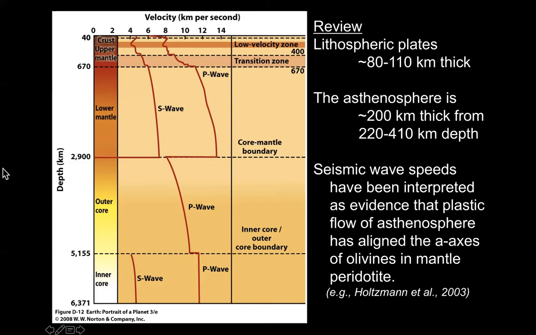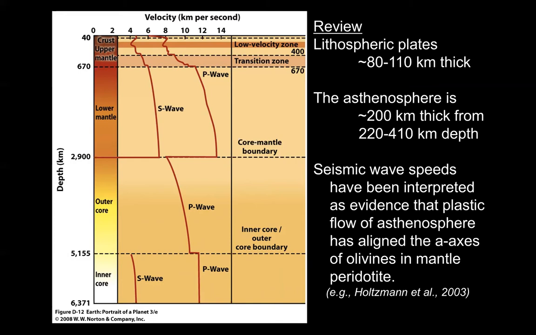On the right-hand side, the red line is showing us the velocity of the P, primary, or the first wave to arrive, usually, although not always. And this is the compressional wave. And this wave changes in velocity from about 6 kilometers per second and increases through the lithosphere to reach speeds as high as a little over 8 kilometers per second.